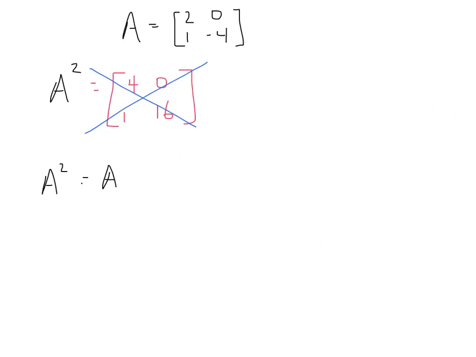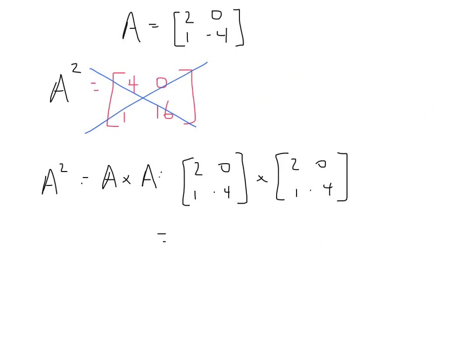A squared is A times A, which is 2, 0, 1, -4 times 2, 0, 1, -4. And we can do that calculation pretty easily. 2 times 2 is 4, plus 0 times 1 is still 4. So I did here times here.